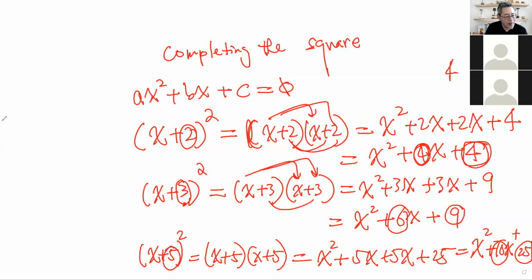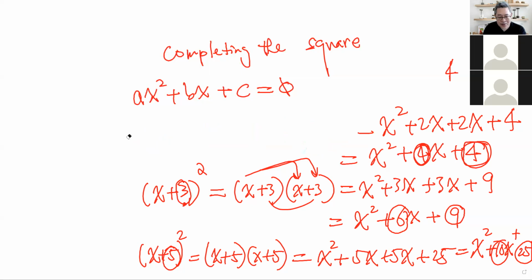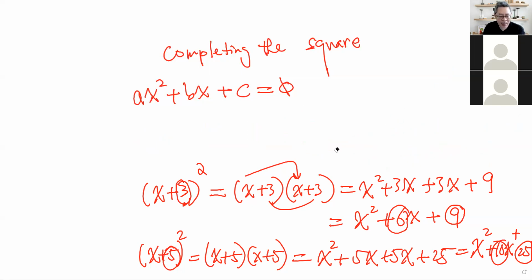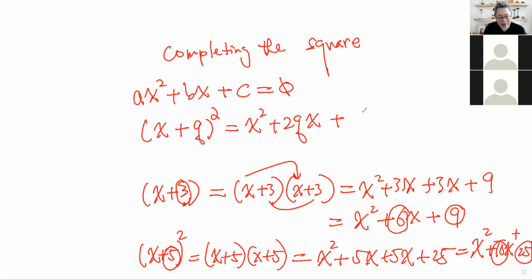So therefore, we got a more general case: when we have x plus q squared, that gives us x squared plus 2qx plus q squared.